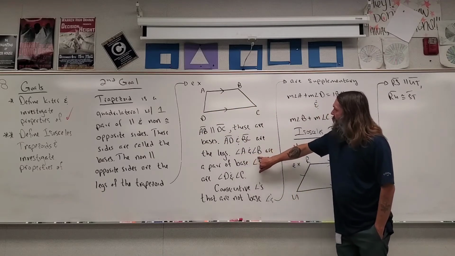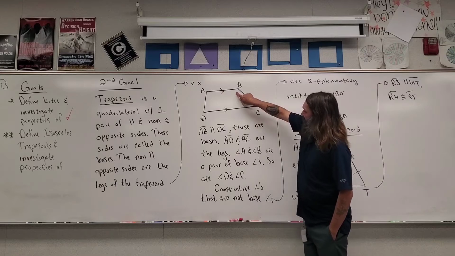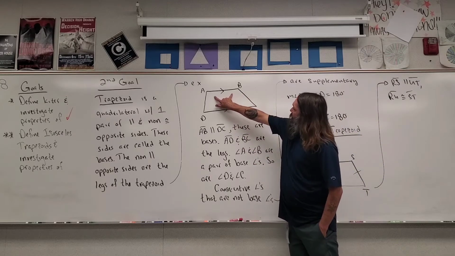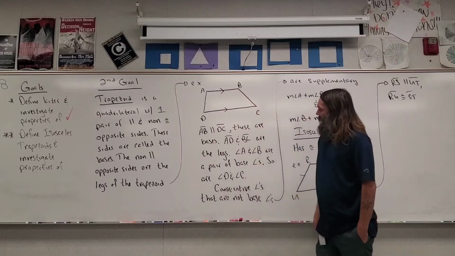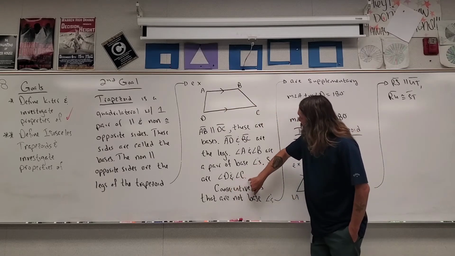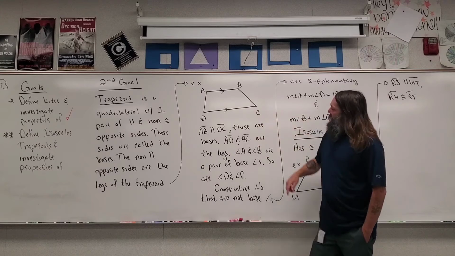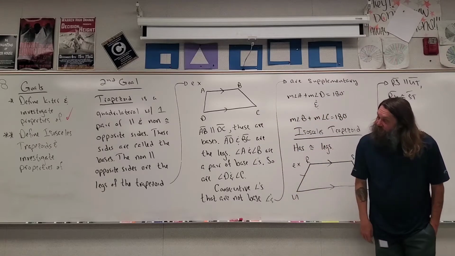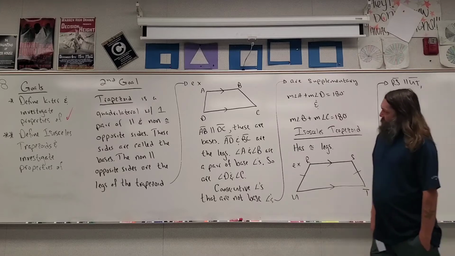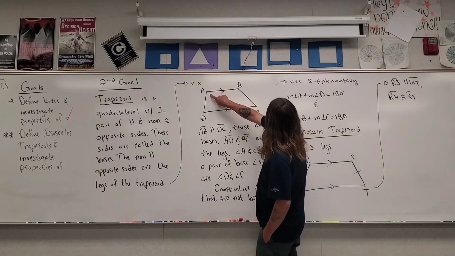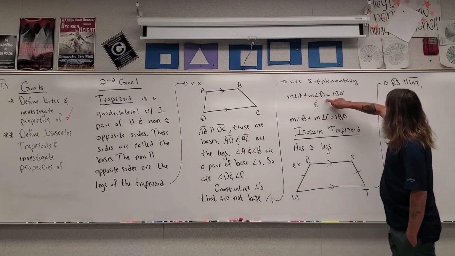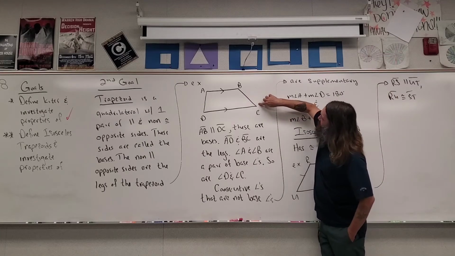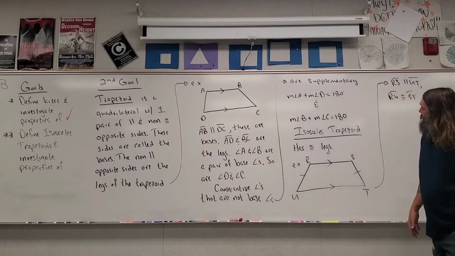Angle A and angle B are a pair of base angles. Base angles share a side that's a base. So are angles D and C. Angle D and angle C are a pair of base angles. Consecutive angles that are not base angles are supplementary. So angle A and angle D must add up to 180 degrees, as well as angle B and angle C. They're not base angles, but they are consecutive angles, and they're supplementary.